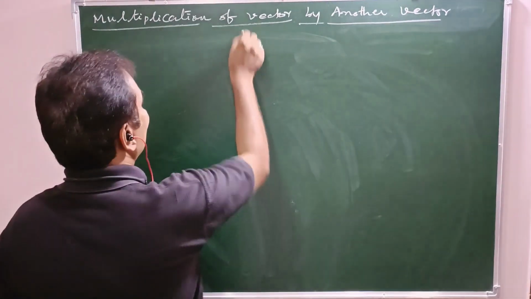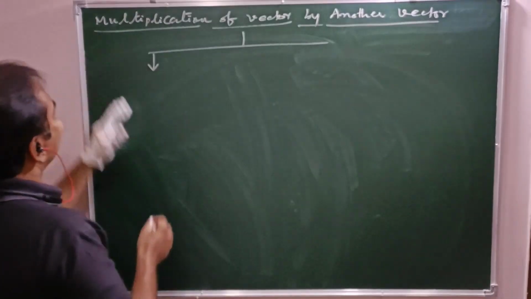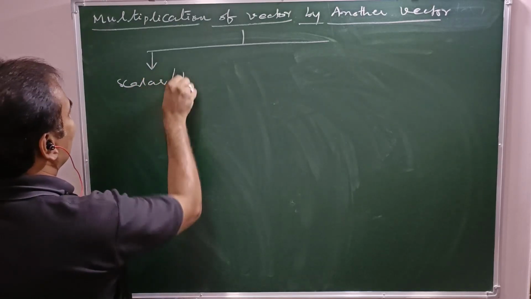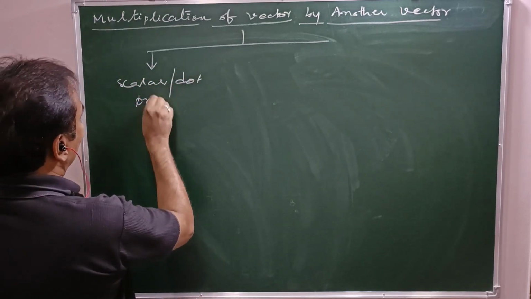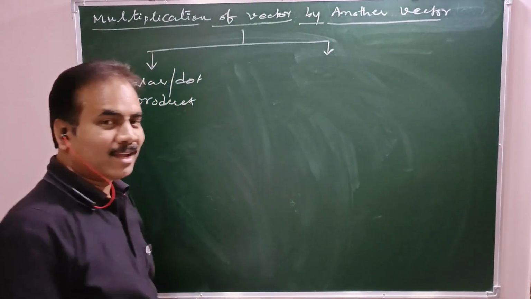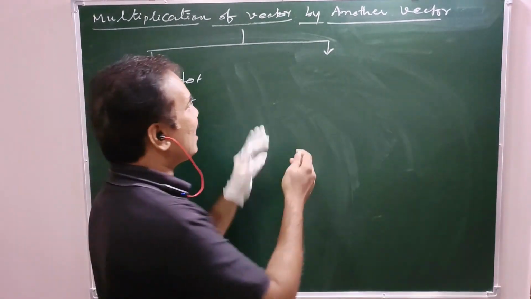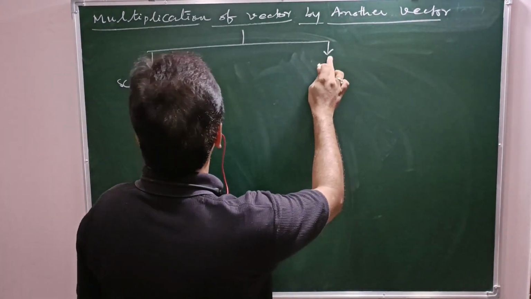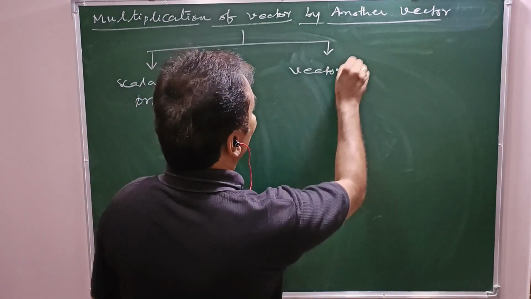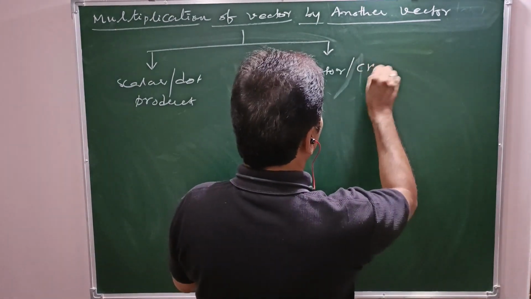First category, the result is a scalar, which means scalar product or dot product. In the second category, if two vectors are multiplied such that the resultant is again a vector, then that kind of multiplication is said to be vector product or vector cross product.